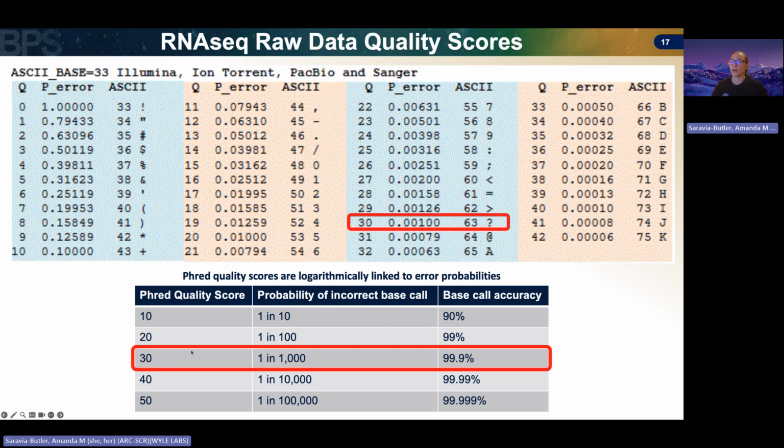A Q score of 20 is representative of 1 in 100 probability of an incorrect base call, or a 99% call accuracy. A Q30 is highlighted here, which is encoded by a question mark, is going to be representative of a 1 in 1,000 probability of an incorrect base call, or a 99.9% accuracy on down.